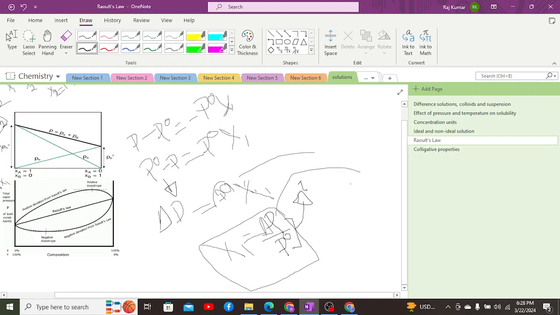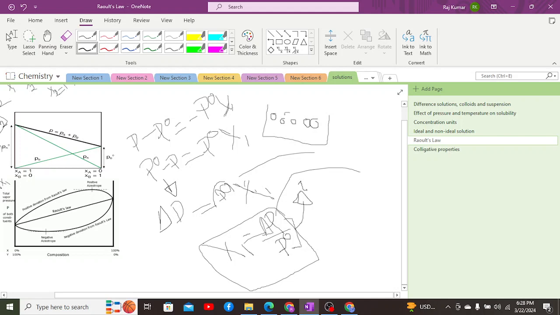And apart from that, it is also constant when equimolecular proportions of different solutes are utilized in the same amount of solvent.